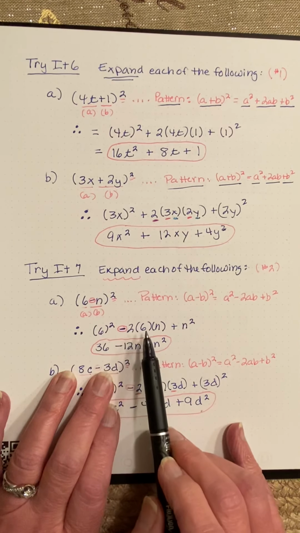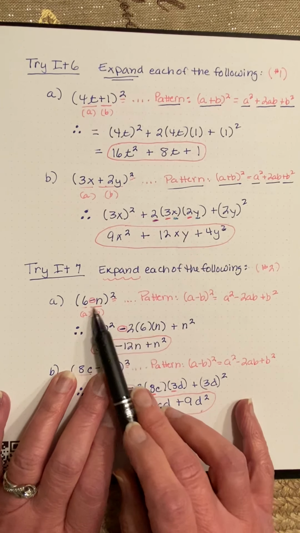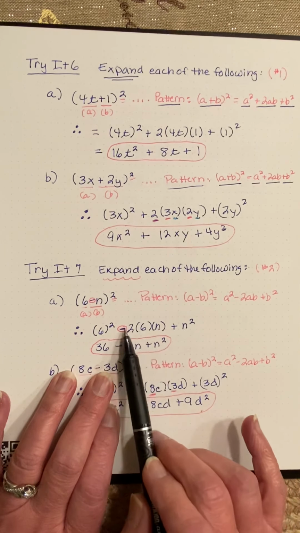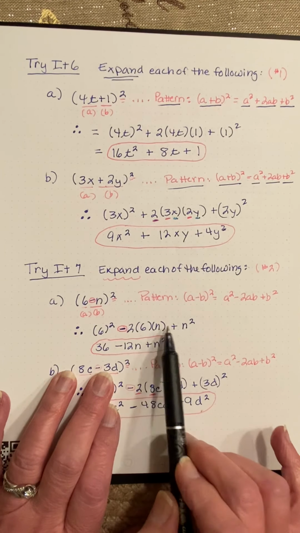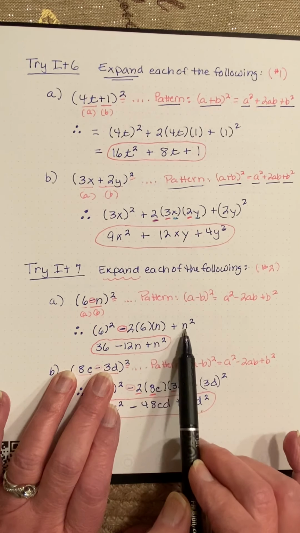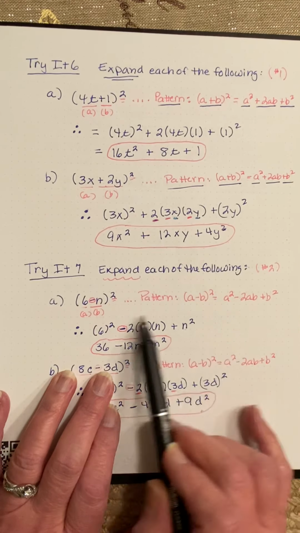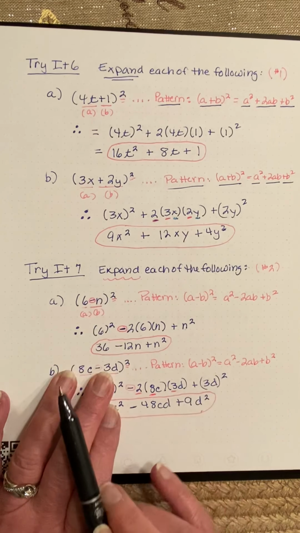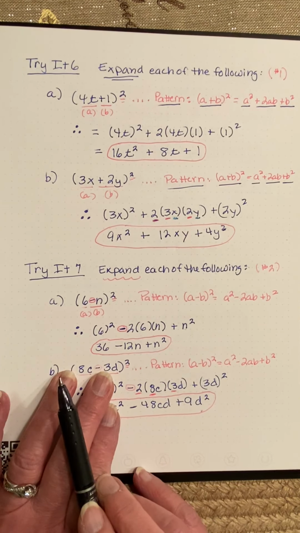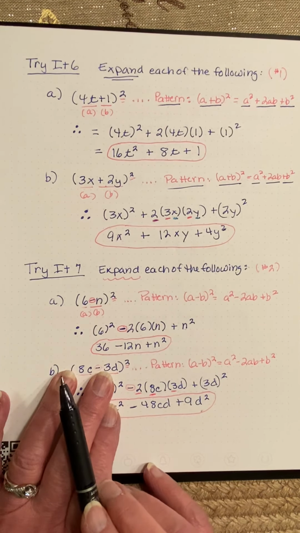Now I plug in my a, rather, 6, and my b, n. So minus 2 times 6n plus the b value, which is n squared. So I'm just plugging in to these positions what is in the first position there. This is the a and this is the b. And if you look at it a little slowly, a little carefully, you kind of get what I'm going after here.